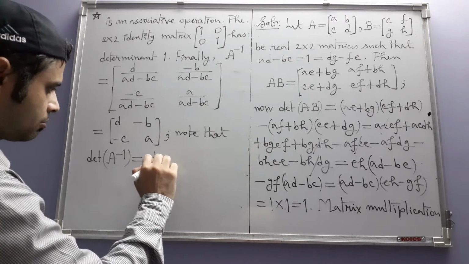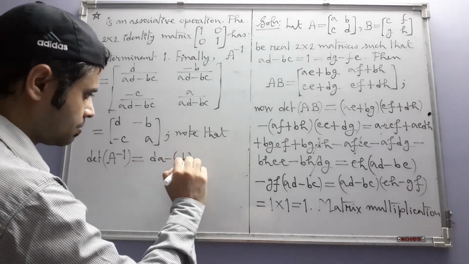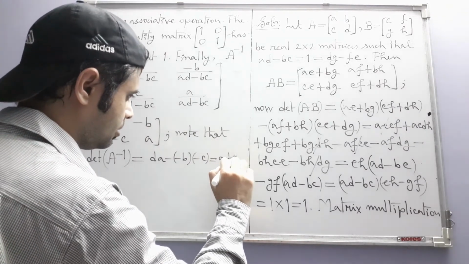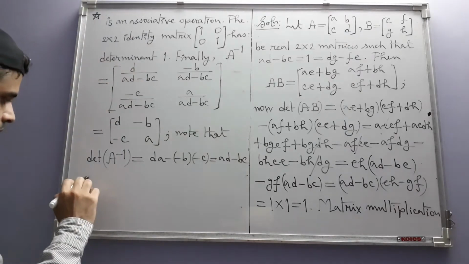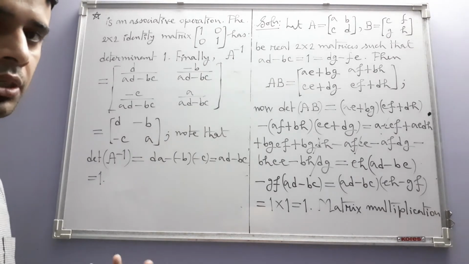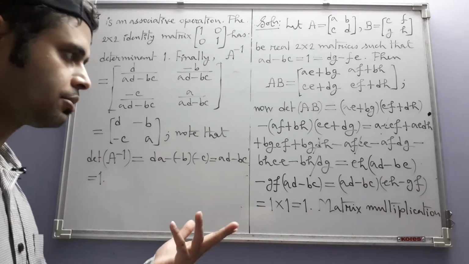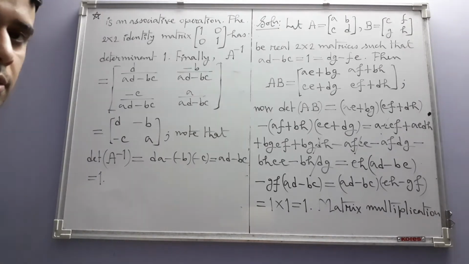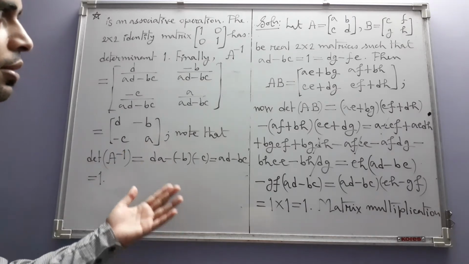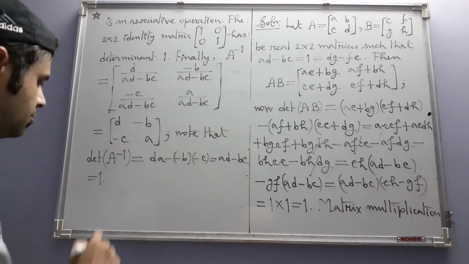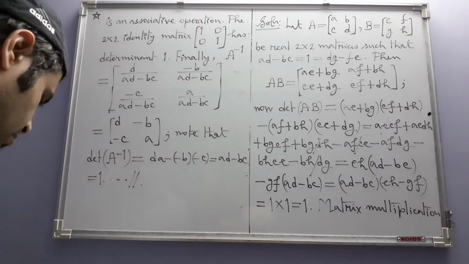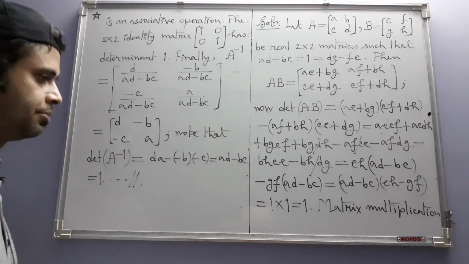DA minus B times minus C, which is again AD minus BC, and that is equal to 1. So the inverse of A is also a matrix having determinant 1. So that completes all the things, and now we can say that the set is a group. Set of 2 by 2 real matrices with determinant 1 is a group under matrix multiplication, which you can just write, and there the solution ends. We did not have anything else here. Okay.